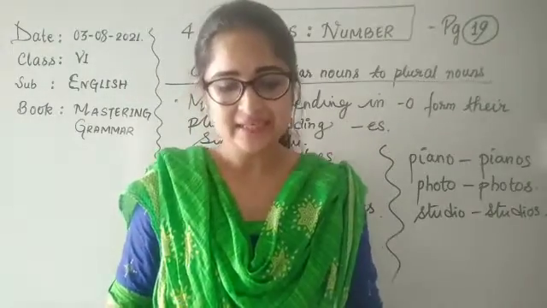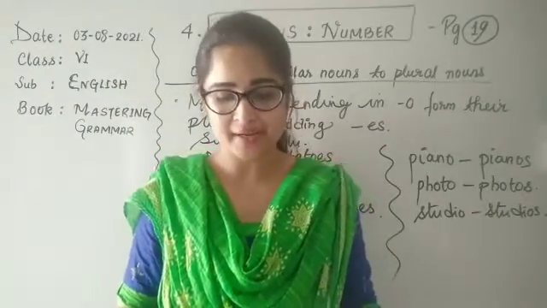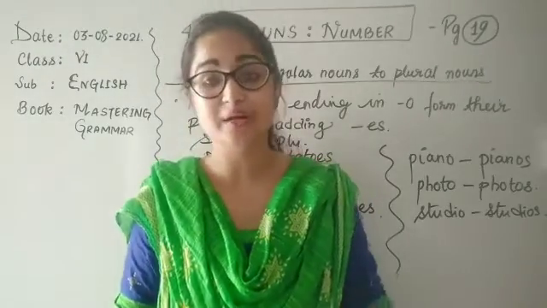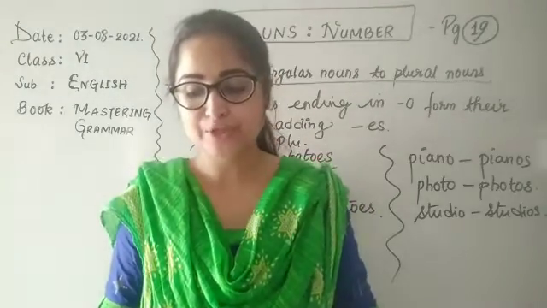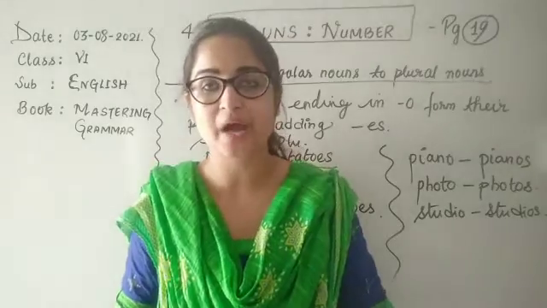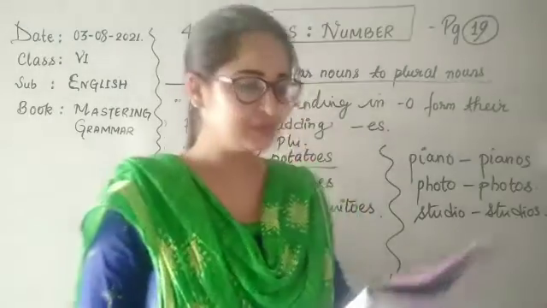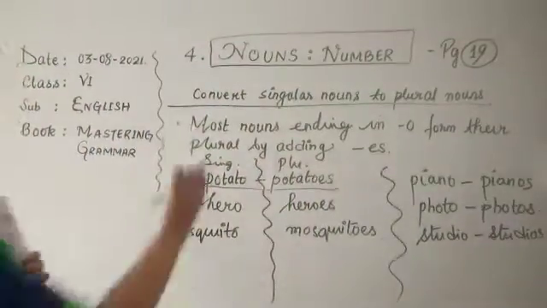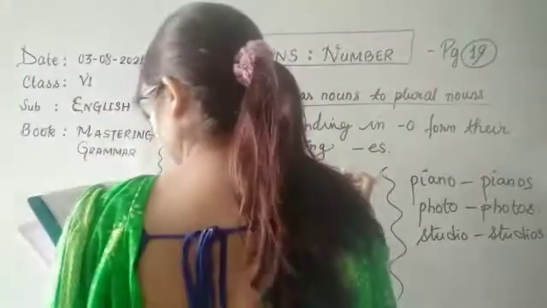What we have, let's see. If a noun ends with a y and the y has a consonant before it, its plural is formed by changing the y into ies. Okay children, now let's see what are we being told.